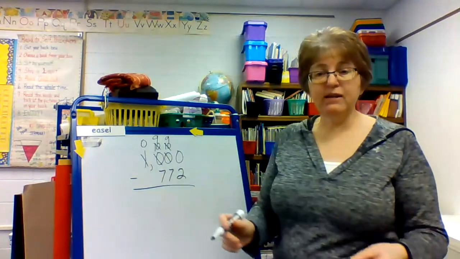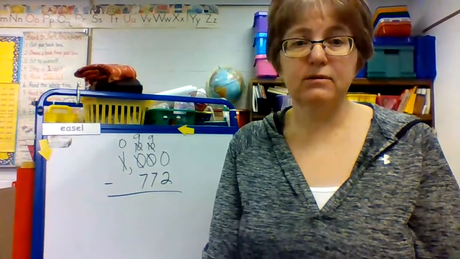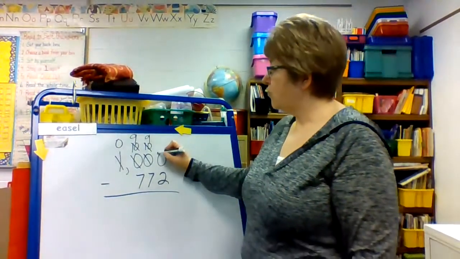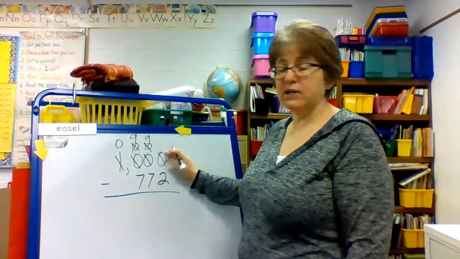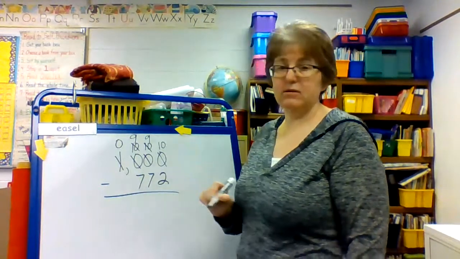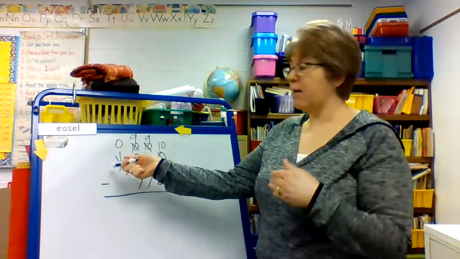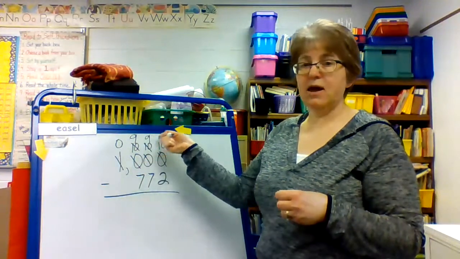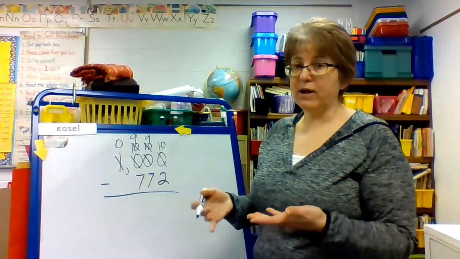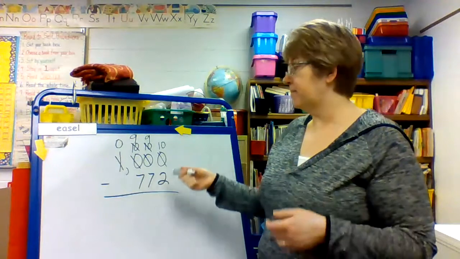And I'm going to trade it for 10 ones and put it with this 0. So now this 0 becomes a 10. So now all along the top, I have a 0, a 9, a 9, and a 10. Now I can subtract because I have more on top.